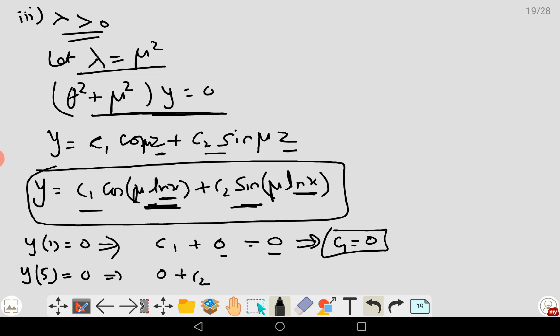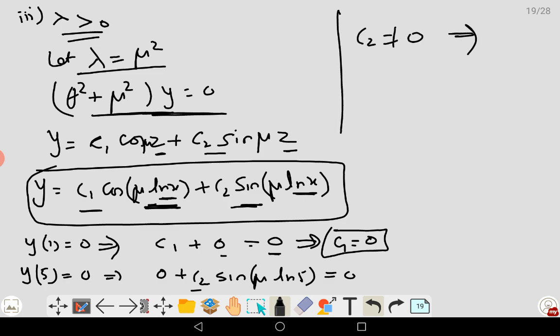Y of 5 is 0 gives C1 is already 0, so the first term is 0. C2 times sin mu ln 5 is equal to 0, isn't it? We know only C1 is 0, C2 may not be 0. If you want C2 not equal to 0, the sin part should be 0.